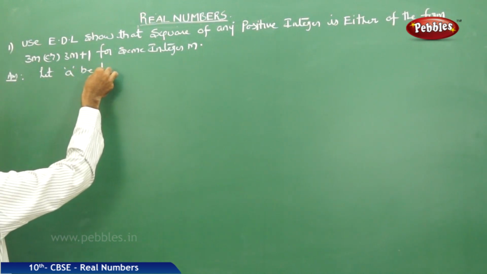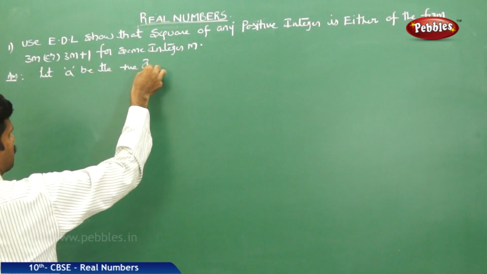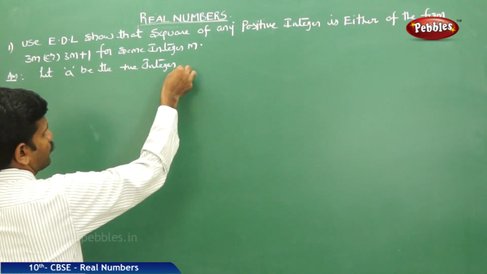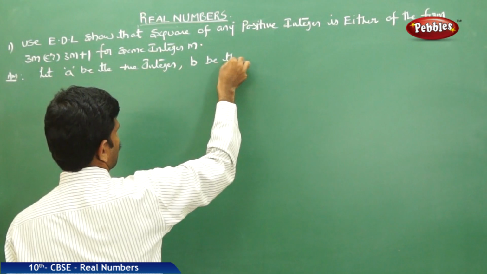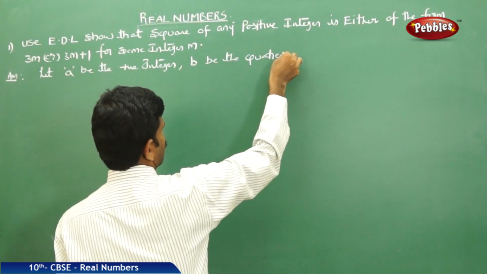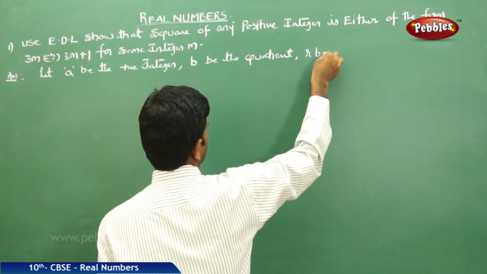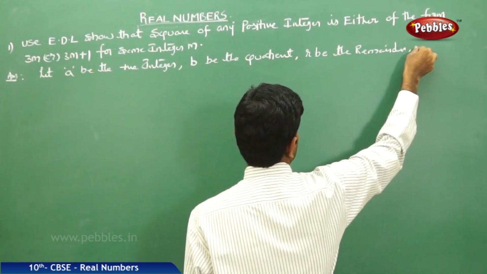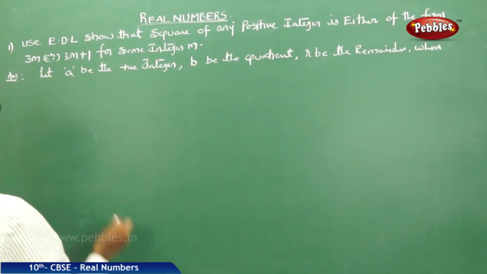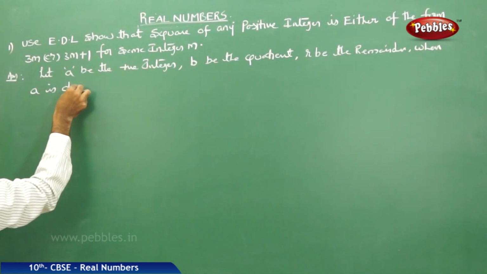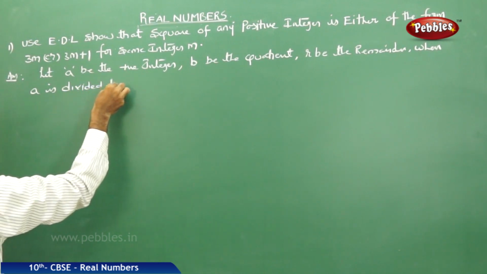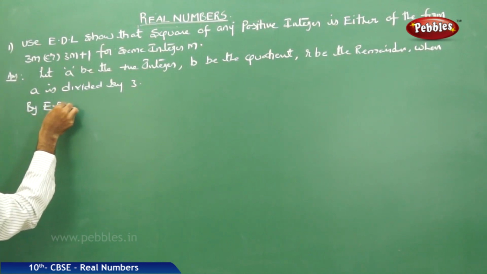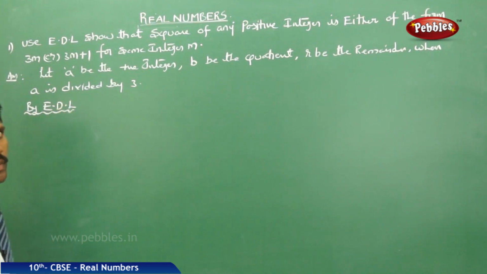Let a be the positive integer and b be the quotient, r be the remainder when a is divided by 3, then by EDL, means Euclid's division lemma.